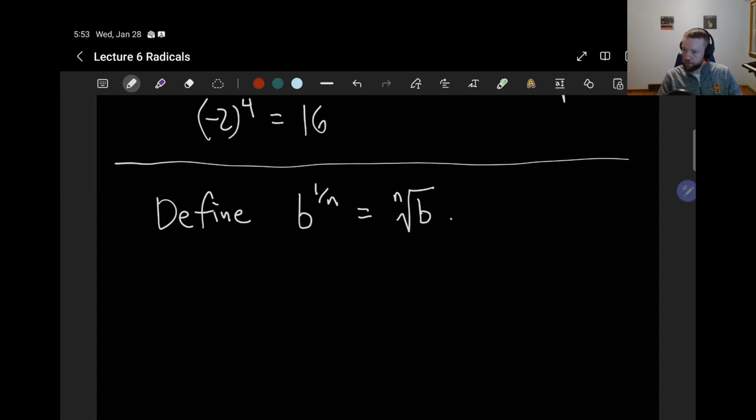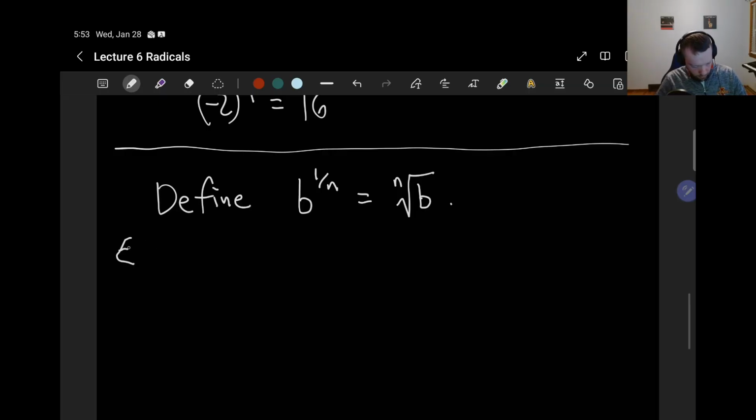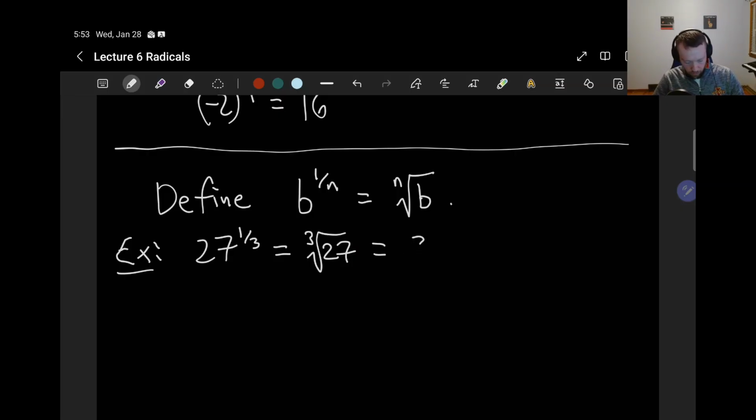So radicals you can always express as exponents, these rational exponents, fractional exponents. Quick example. If I take 27 to the 1/3 power, that means the same exact thing as the cube root of 27, which we saw is 3. Now, why would I want this? Well, it turns out that this can be convenient at times because you can use exponent rules to your advantage.